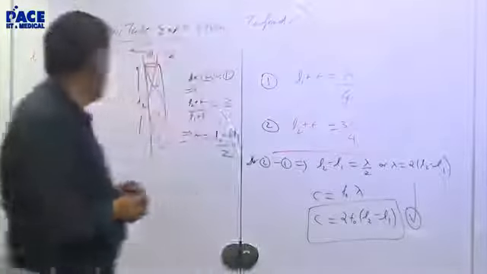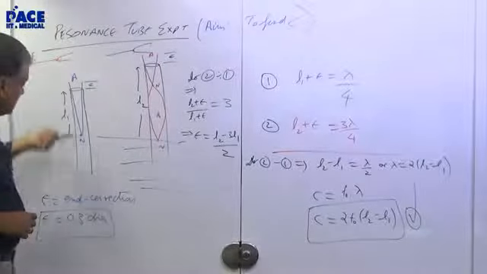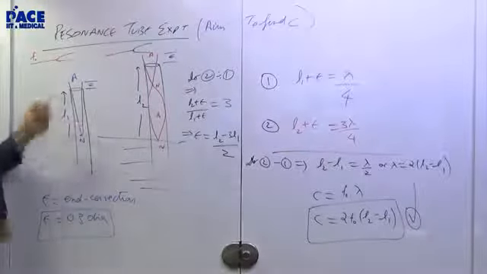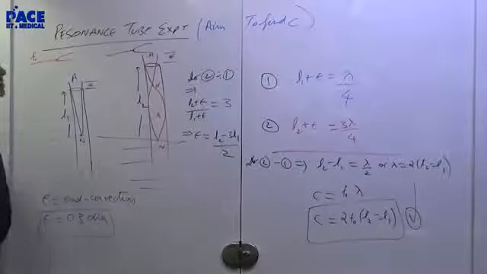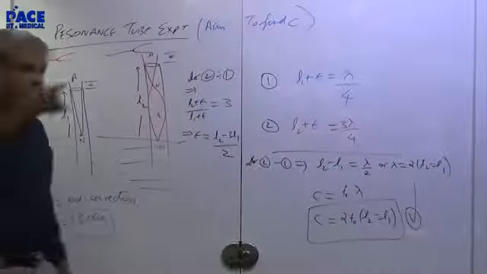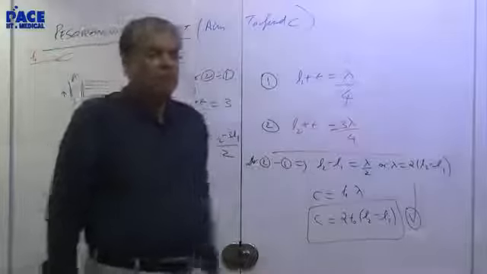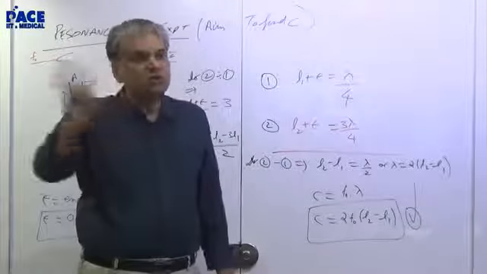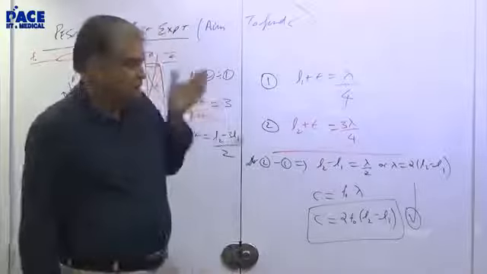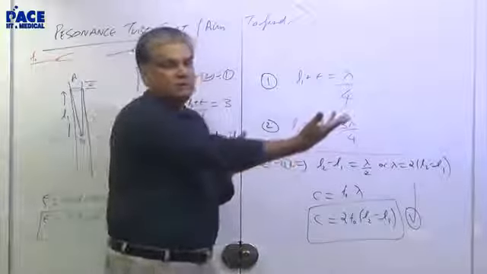Suppose you start from some point in between. Now here I am saying you start from 0 and go on increasing, then obviously you will get the first one and then the next one. Lambda by 4, you will get 3 lambda by 4. Suppose you got it somewhere. Now you do not know which one it is. But since you don't know which one it is, go for the next one. Those will be consecutive odd numbers. If one is 7 lambda by 4, the other will be 9 lambda by 4.